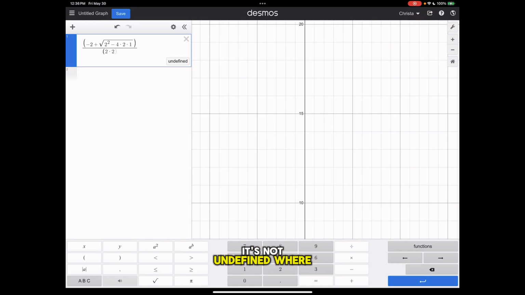It's not undefined. Where are we getting undefined from? Did I make a mistake? -2 plus 2 squared. Oh, it's -1. Oops. That's -1. There you go. So what you see on the document here, it says 0.36 is a long decimal.